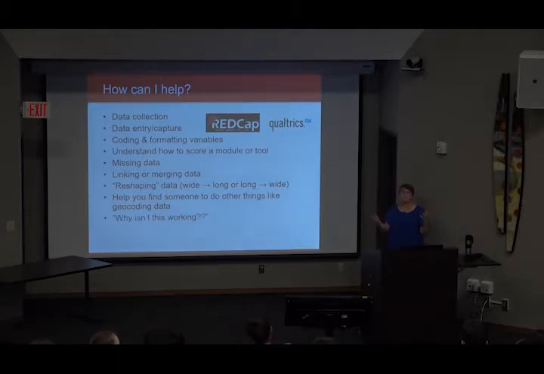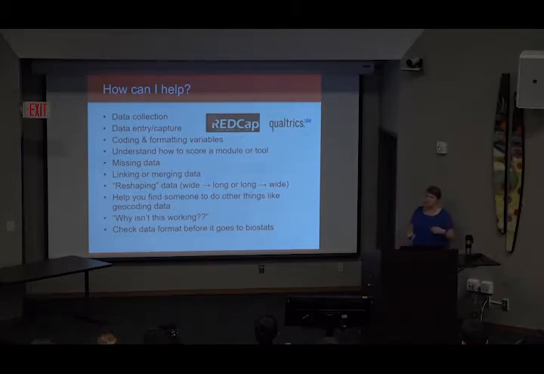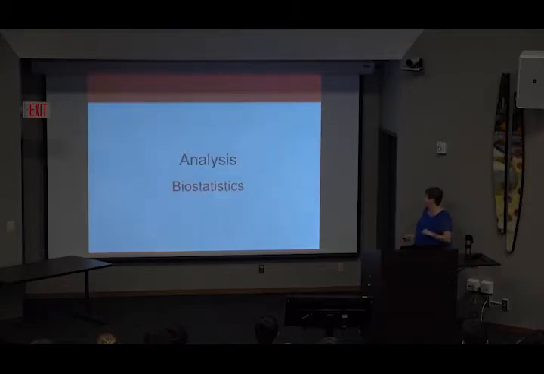Just the frustration of writing your data and why isn't this working? I can help look at it and sit through and figure out what the problem is, and check the data format to see if it's really in a good spot to go to Biostats, because in the past they've gotten a little ticked off at how dirty some of the data is when they got it.